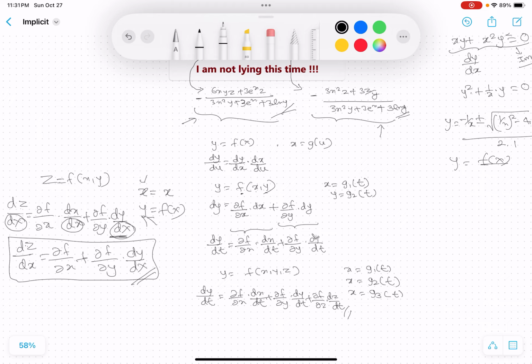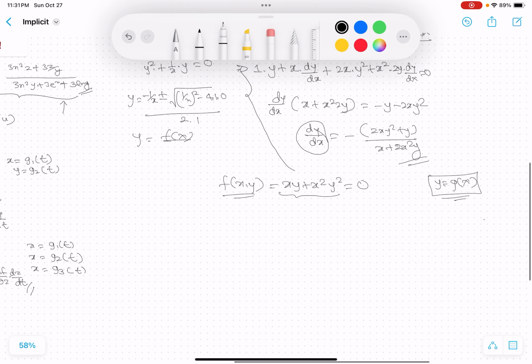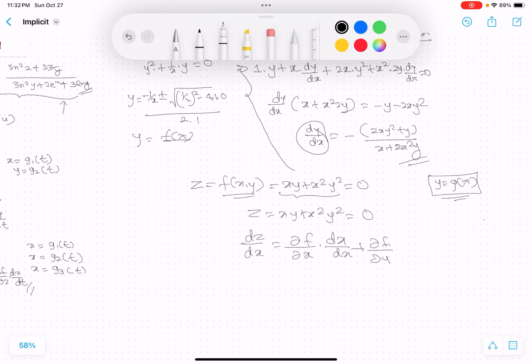Now over here, let's say we have g as this function, which is again equal to 0, right? So if I want to find dg by dx, that will just be partial f by partial x times dx by dx plus partial f by partial y times dy by dx, right?